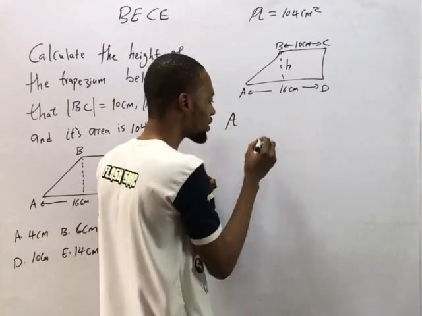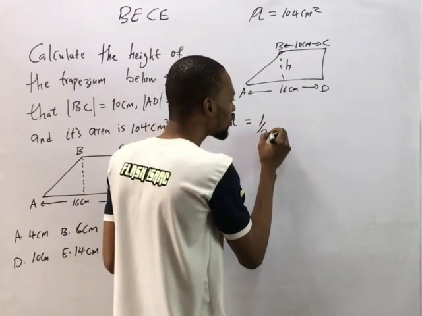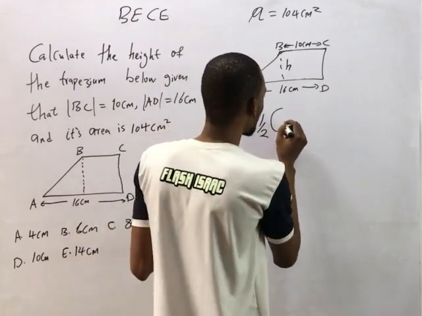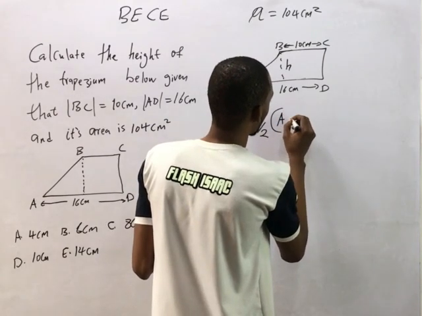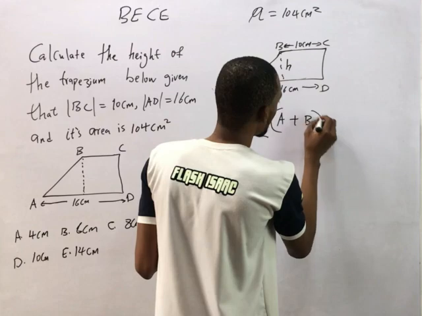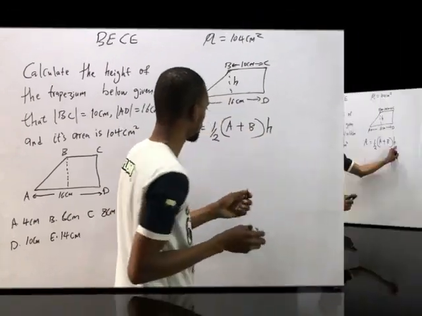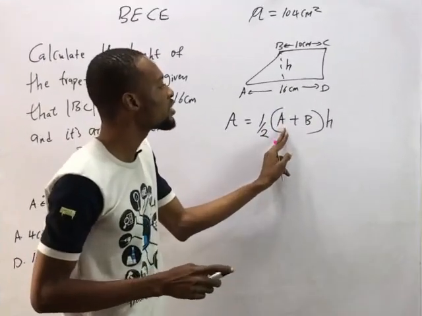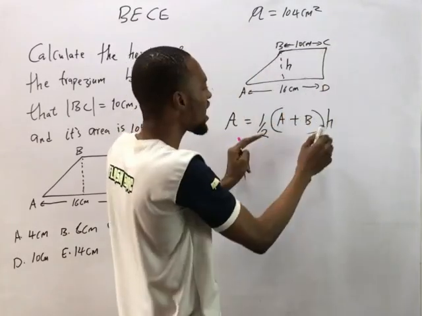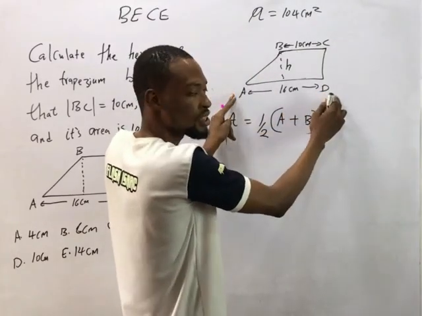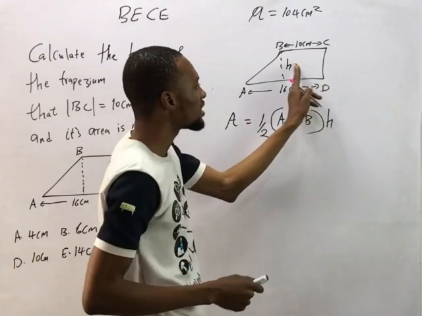Now for a trapezium, this is the formula for calculating the area. Area of a trapezium is equal to 1/2 the sum of the parallel sides, let's say A plus B, times H. Now A is simply from here to here, this is BC, while B is AD, times the height.